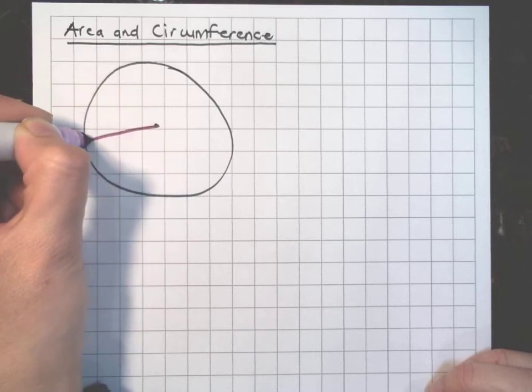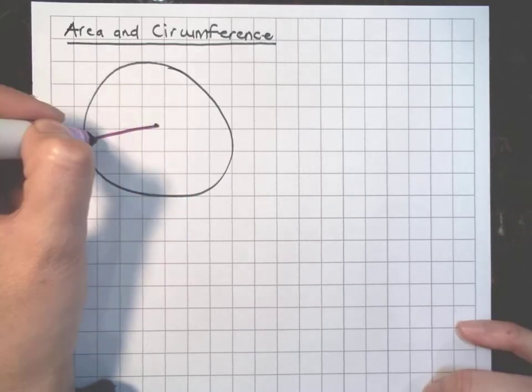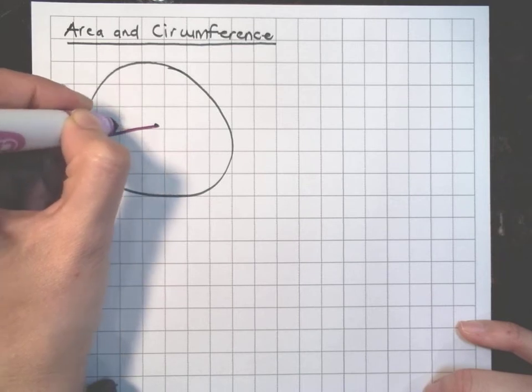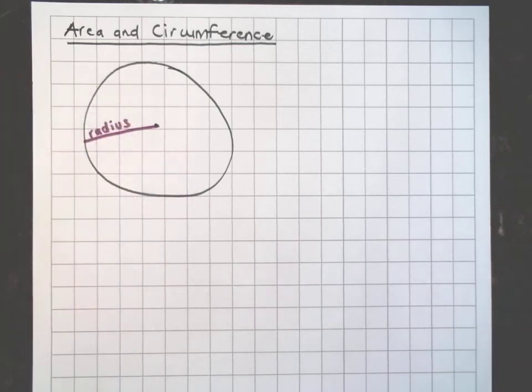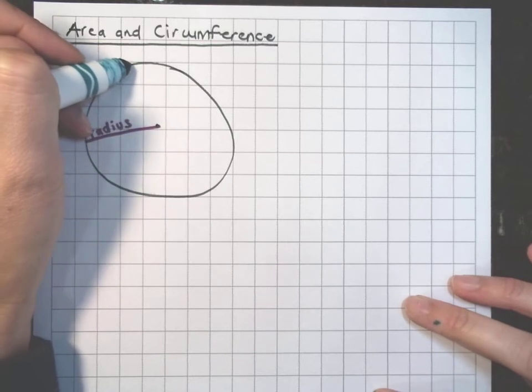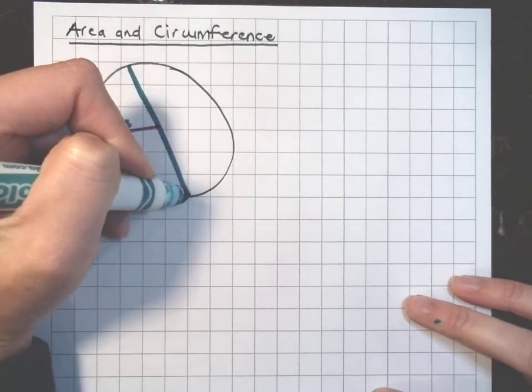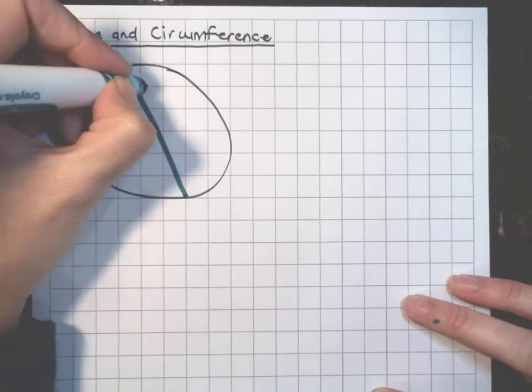And the distance from the center to the outside of the circle is our radius. And then the distance from one end of the circle through the center to the other end is the diameter.